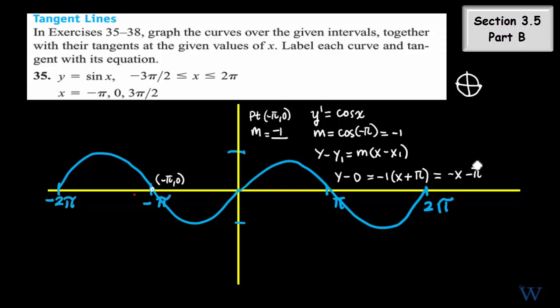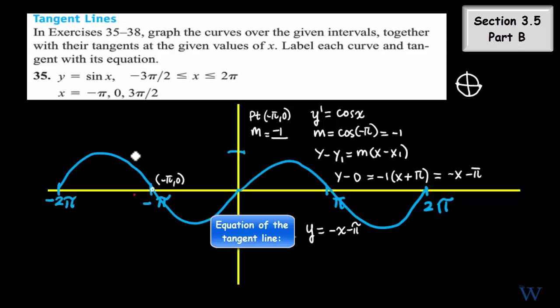So what is the equation of the line tangent to the curve? It's y equal to minus x minus pi. And where is it? It's this line with a slope of -1. So there I'm going to draw the line tangent to the curve, and we label that as our line y is equal to minus x minus pi.